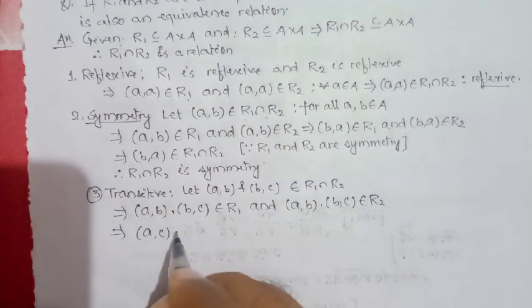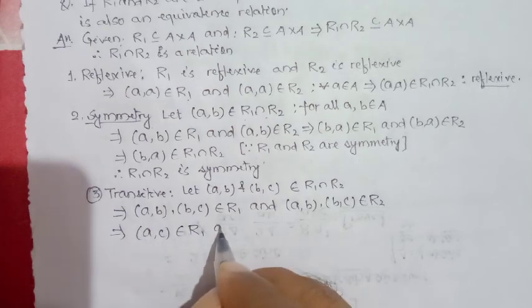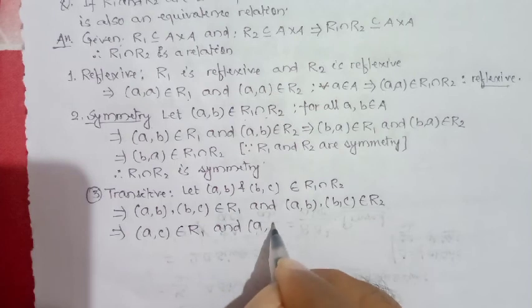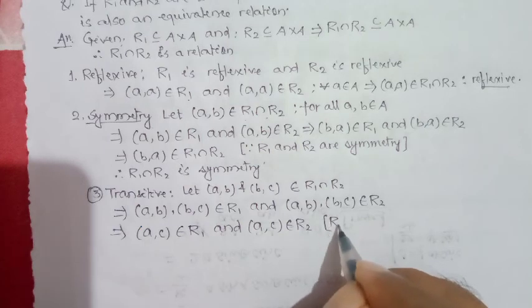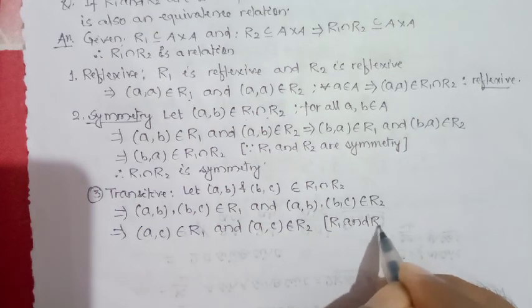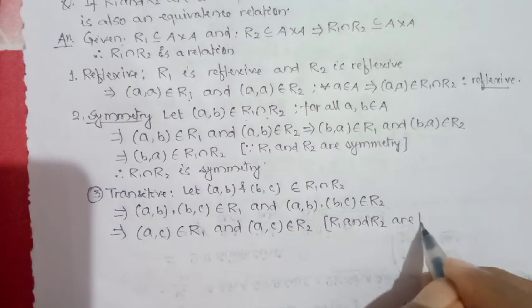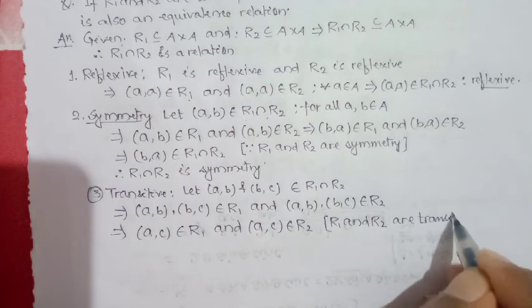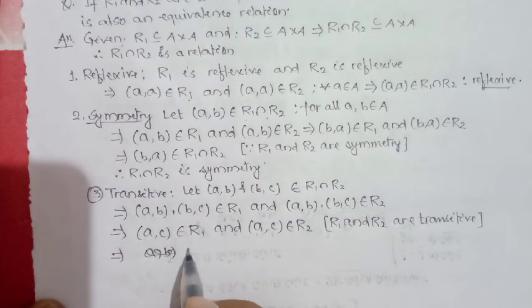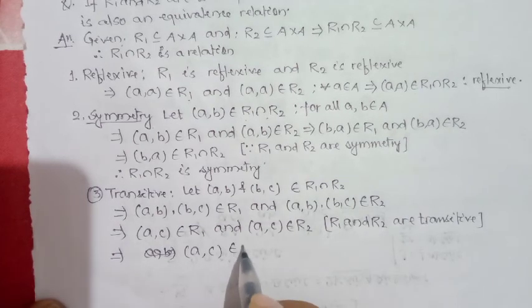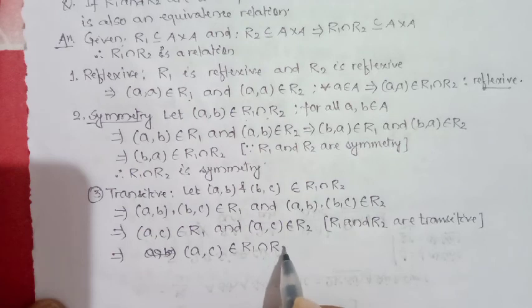(a, c) belongs to R1 and (a, c) belongs to R2 because R1 and R2 are transitive, because R1 and R2 are equivalence relations. So (a, c) belongs to R1, (a, c) belongs to R2, therefore (a, c) belongs to R1 intersection R2.